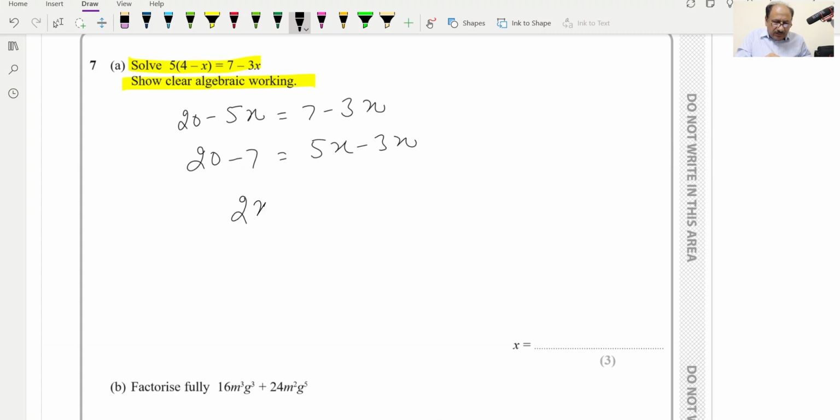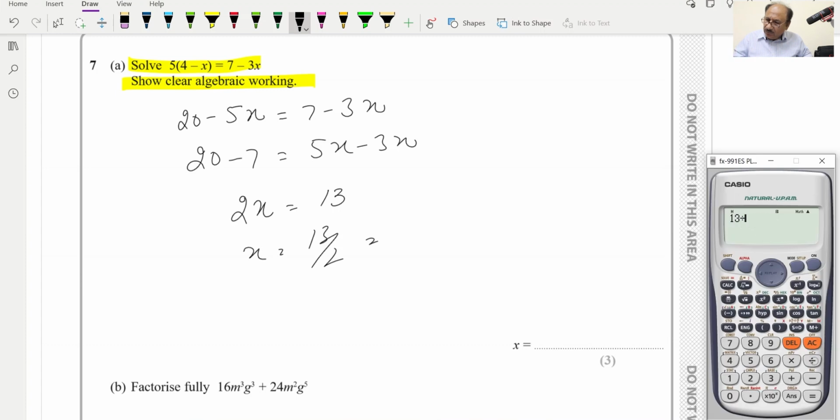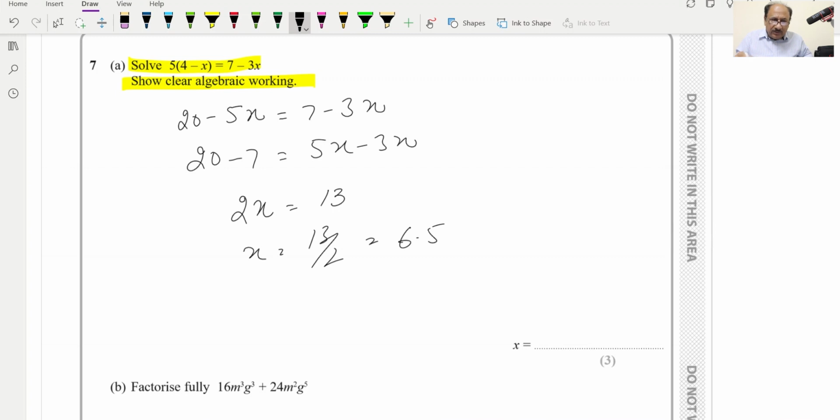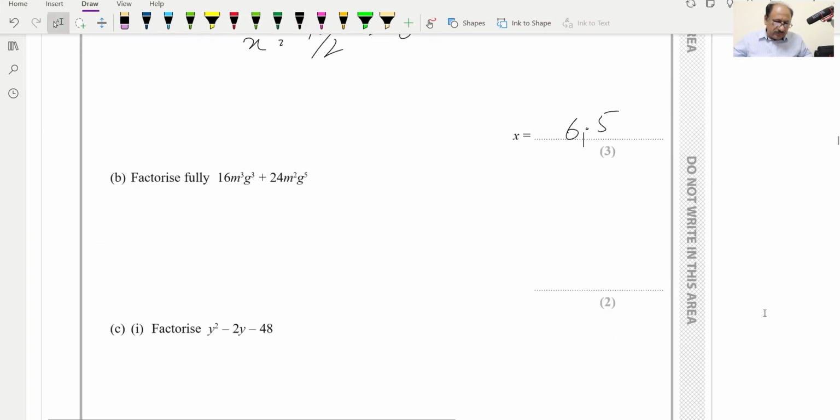So we can rewrite as 2x is equal to 13, and x will be equal to 13 divided by 2, which is 6.5. So we can write here x is 6.5. 3 marks, very easy question, straightforward.